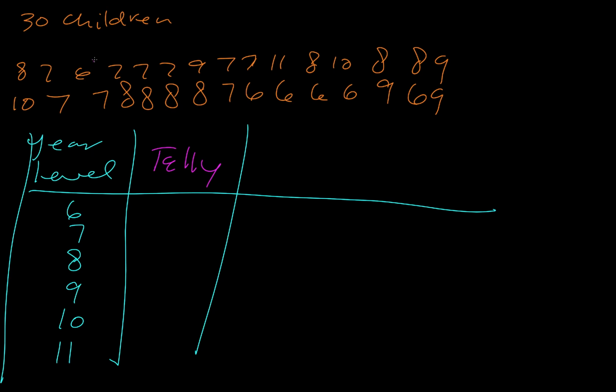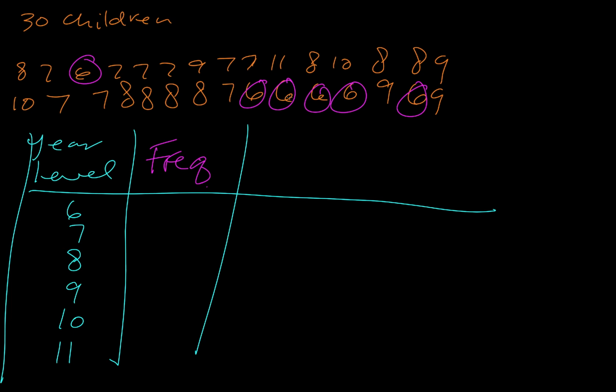Actually, I don't like the idea of the tally. Your book does the tally, but I think we can just count it and jump right to the frequency. I think it's a little redundant.